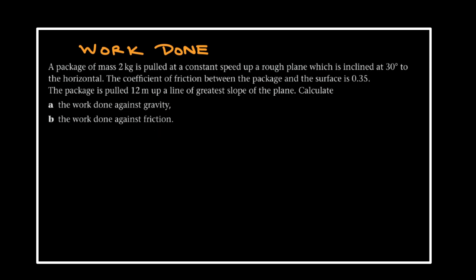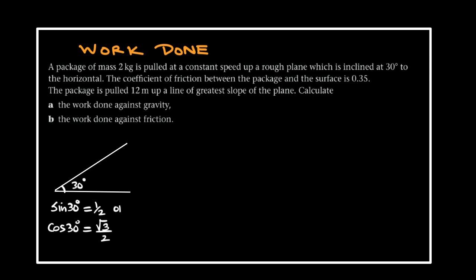Calculate the work done against friction. Now, first of all, let's draw an inclined plane like this. Let's mark this angle as 30 degrees. We know that sine of 30 degrees is half. We know that cosine of 30 degrees is root 3 over 2. Half in decimals can be written as 0.5.